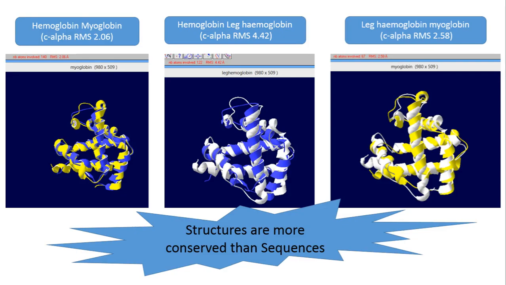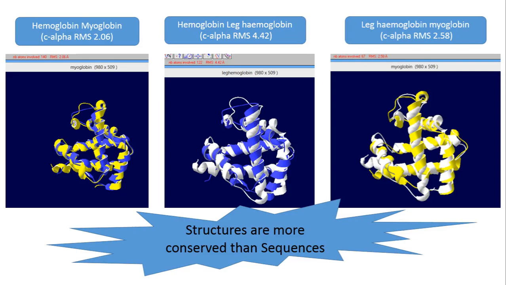Okay, so now based on this structural data as well as the RMSD data, we can compare these RMSD values and draw a few conclusions, like what event might have happened that might give rise to these orthologs and paralogs.